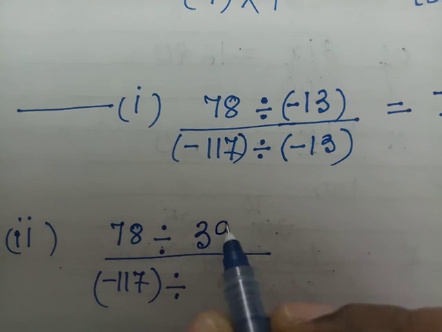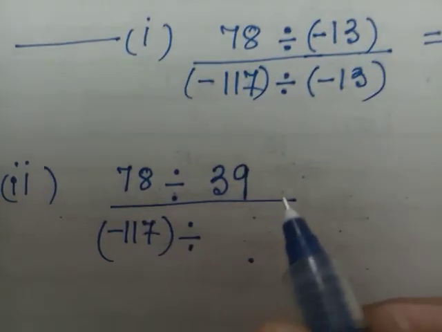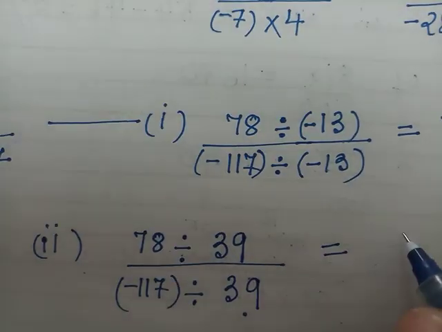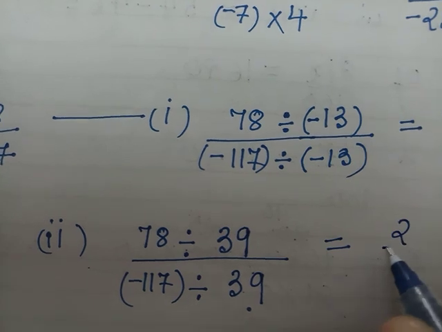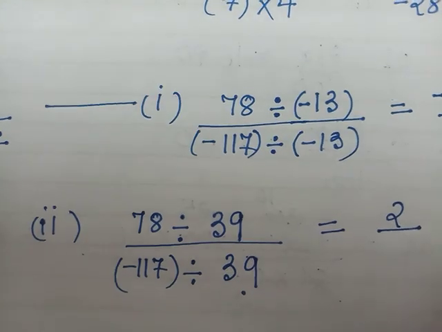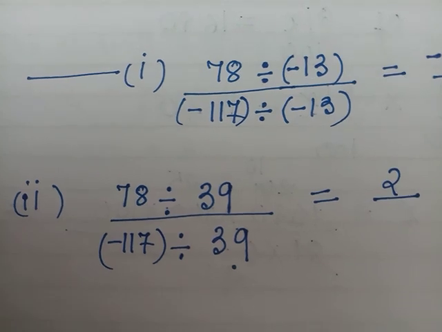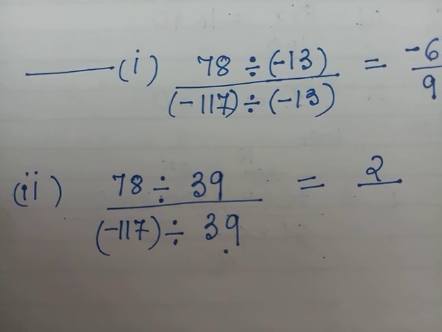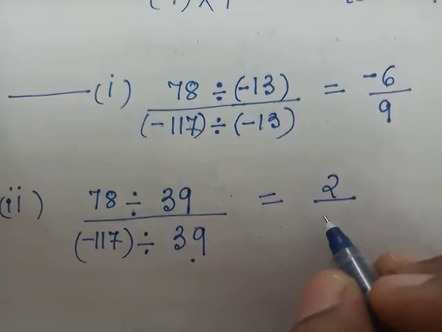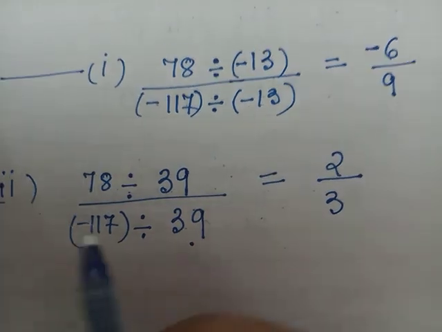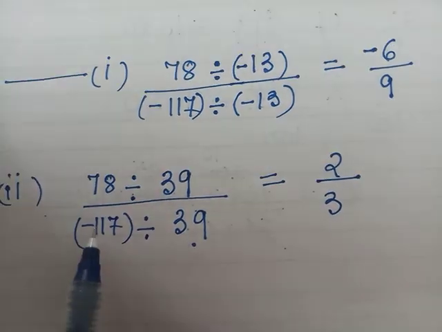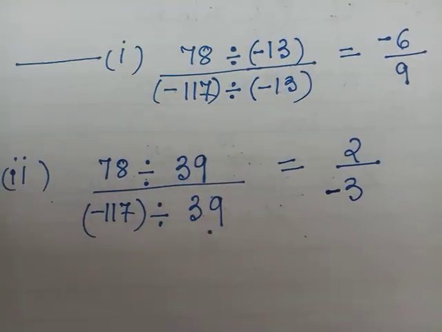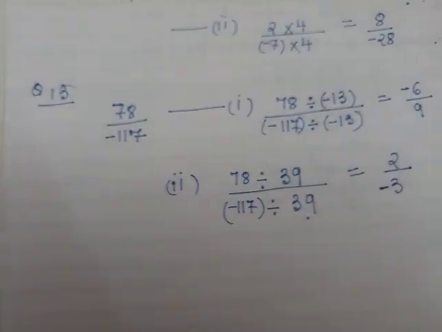Again, remember the table very well, then you can do it. 39 2s are 78, so I write 2. Now 117 divided by 39. 39 3s are 117, so 3. Now we put the sign. This is minus, this is plus, so the sign will become minus. Okay. This way we simplify question number 13.